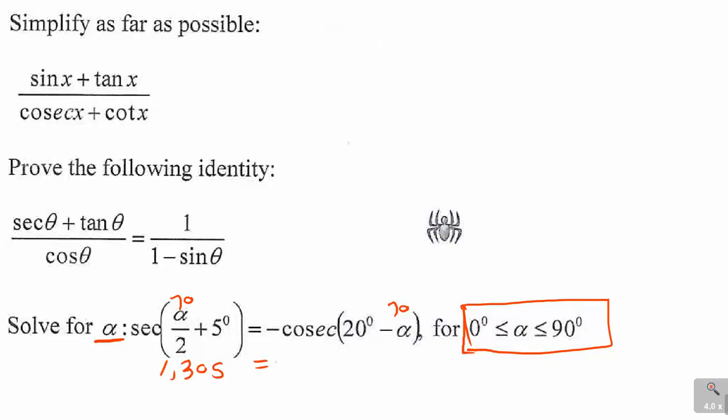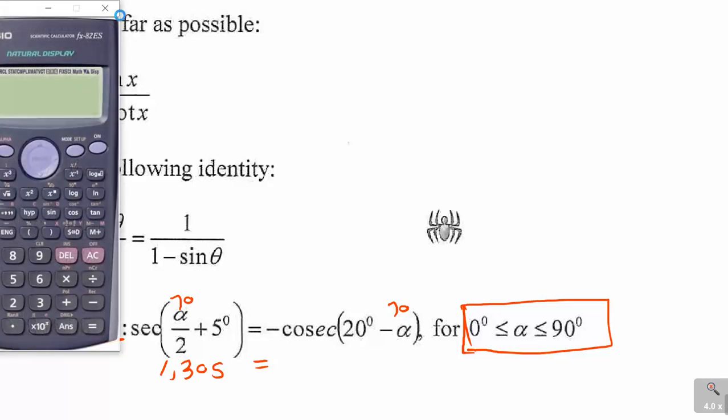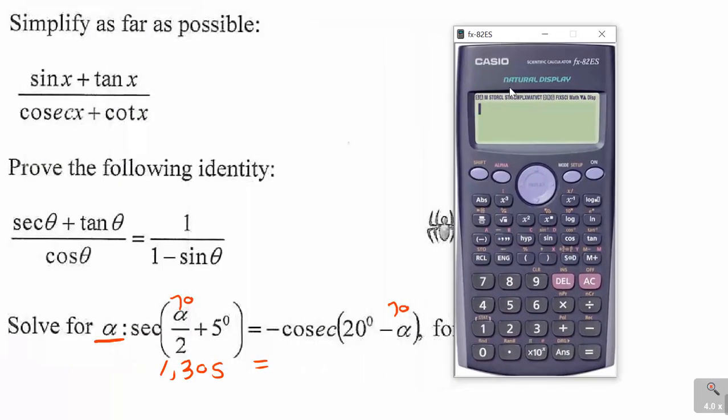So I've got 1.305 is equal to, I do the same thing, cosec. Remember, I can't enter cosec in the calculator, it is 1 over sine, but in this case it's negative 1 over sin of 20 minus 70.